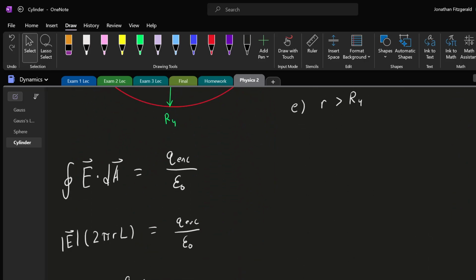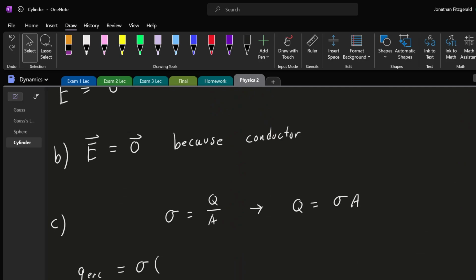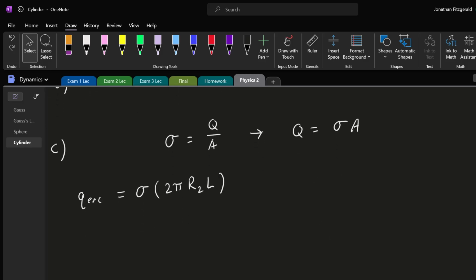R2 is how far it is. And then you just do the surface area of a cylinder with R2. Surface area of a cylinder is 2 pi r times L. So we're going to use 2 pi R2 times L. So that will be our charge enclosed.